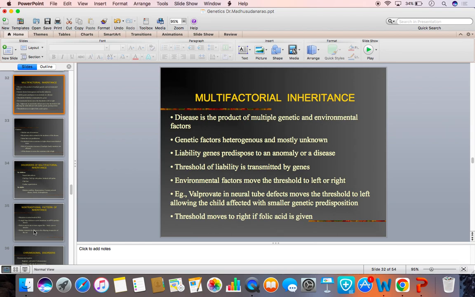Whereas administration of folic acid will reduce the risk of developing this anomaly. The threshold moves to the right if folic acid is given. This is how multifactorial inheritance is influenced by environmental factors, and the shift of the threshold from susceptibility to protection, even though there is genetic tendency.